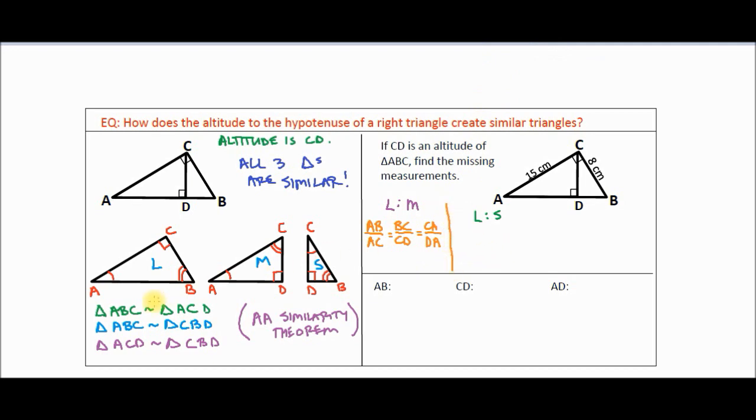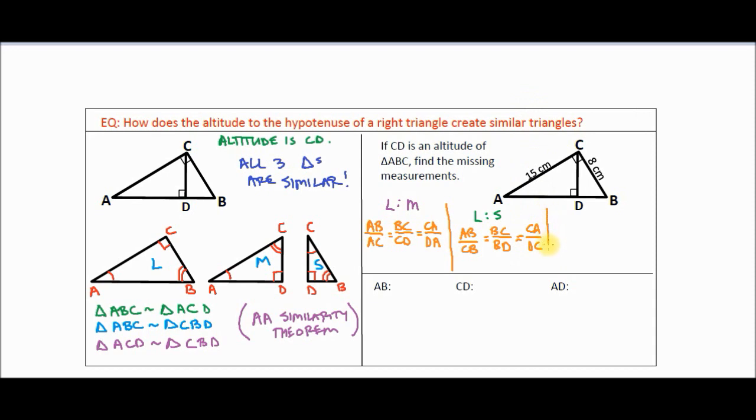So large to small is AB to CB is equal to BC to BD, which is equal to CA to DC. Again, if you take a look at that, I used all the same thing we normally do for a proportionality statement, the first two, the second two, and then the third and the first, and made all of my different ratios. So there's large to small.